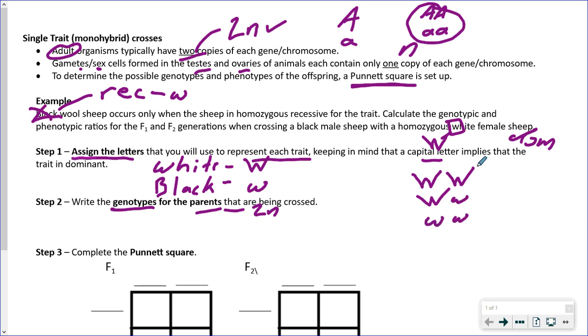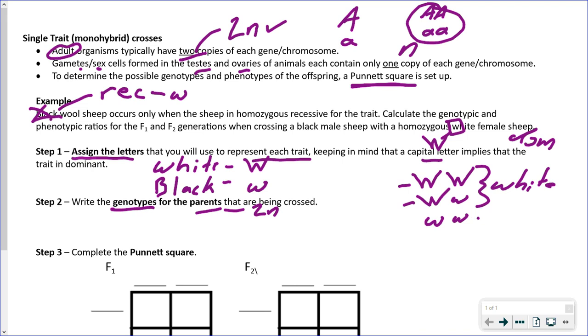Because the capital W, the white, is dominant, in both cases here, this one is what we call homozygous dominant, this one is heterozygous, and in both cases, because there is a capital W, capital overshadows the recessive lowercase allele, so in both cases we would have a sheep that looks white in color. So different genotypes, but they look exactly the same.